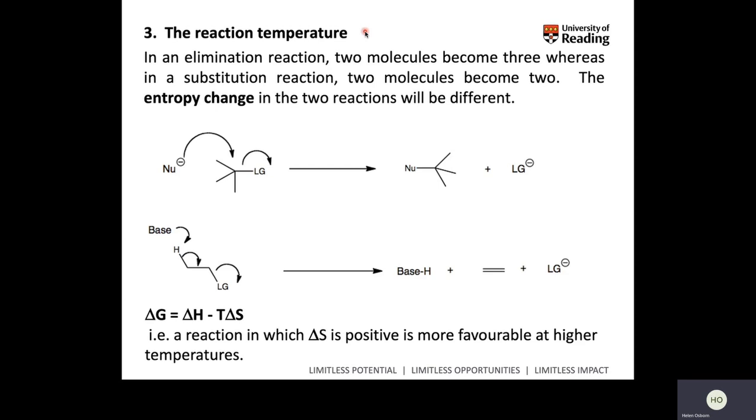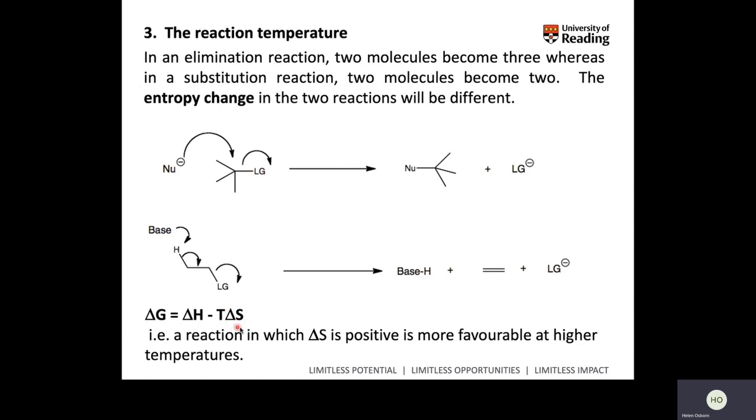So why is it important to think about the temperature? Well, the temperature is going to have a big effect if we think about the entropy change of a reaction, because this equation here, the Gibbs free energy equation, tells us if we want the reaction to be favoured, we want a negative delta G, and to influence the delta G to be negative, we can look at this component here. We can look at the T delta S, where delta S is the entropy change.